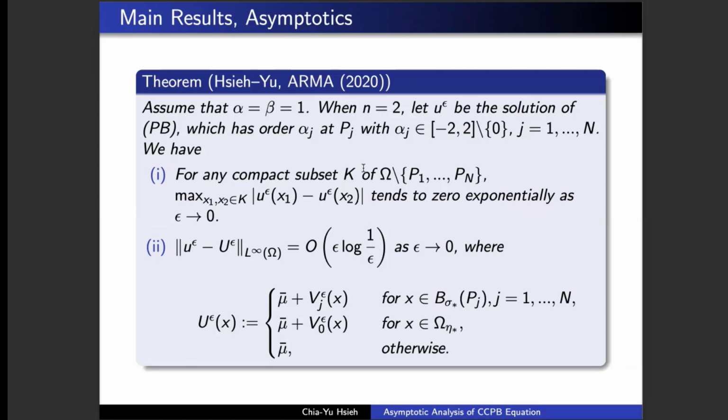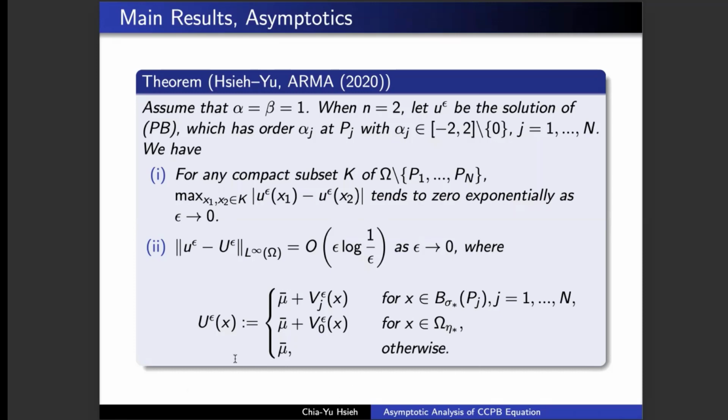That is, the solution will become a very flat profile inside the punctured domain. Furthermore, we obtain a quantitative description of the solution U. That is, we get an approximation function capital U with an exact error of order epsilon log 1 over epsilon, such that U can be written by some known function and known coefficients.